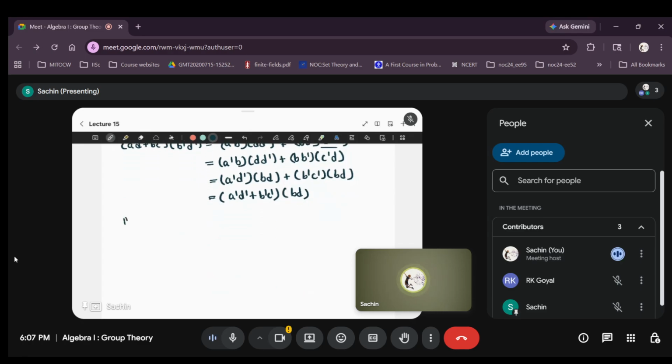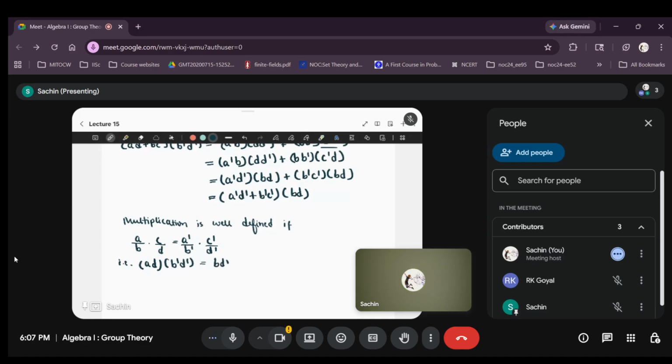So multiplication is well defined if A by B into C by D is equal to A prime by B prime into C prime by D prime. That is AD into B prime D prime is equal to BD into A prime C prime.